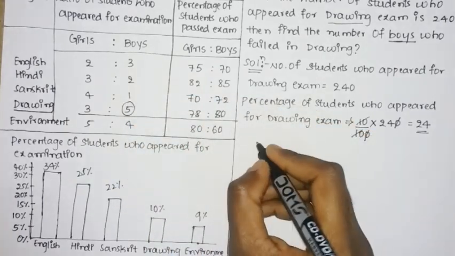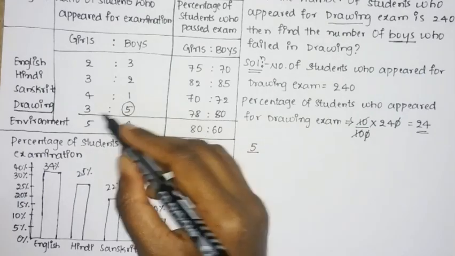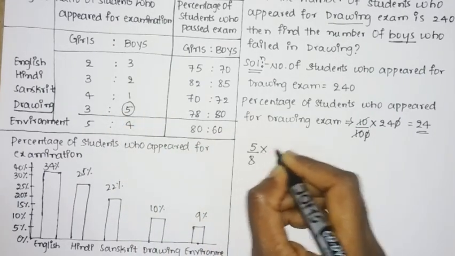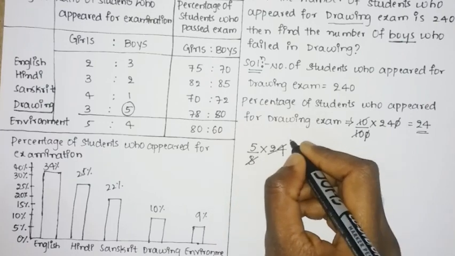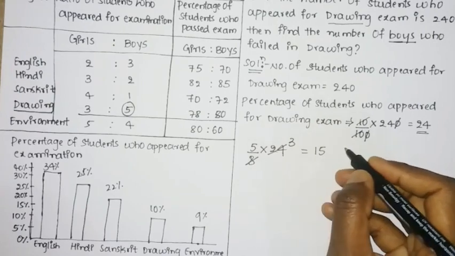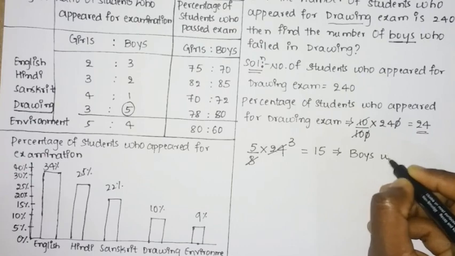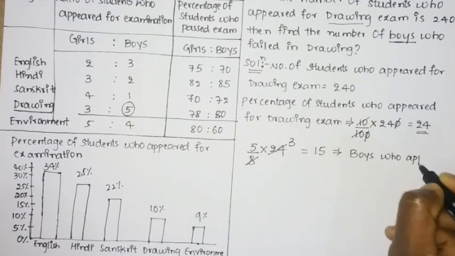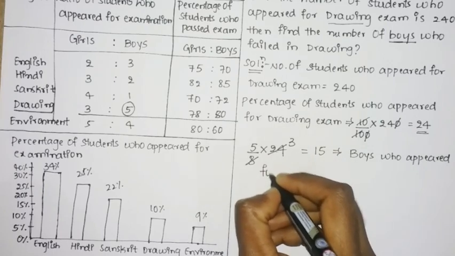They have given the ratio as 3:5. So we write it as 5 divided by the total, 5 plus 3 is 8, into 24. 8 2s are 16, 8 3s are 24, and 5 3s are 15. So these are the boys who appeared for the drawing exam.